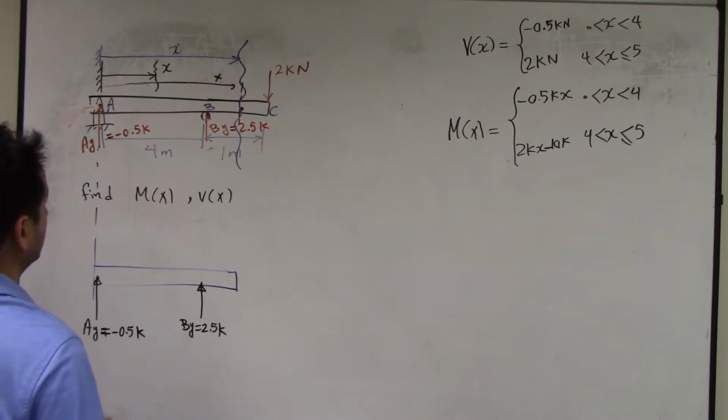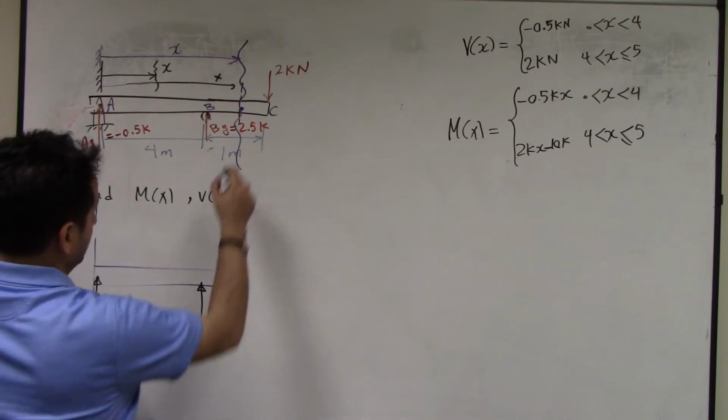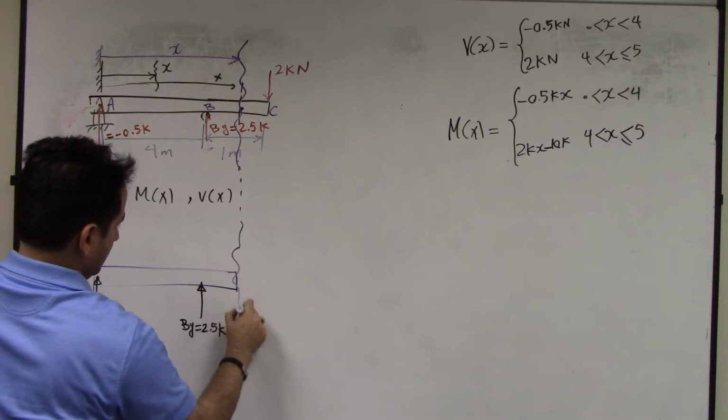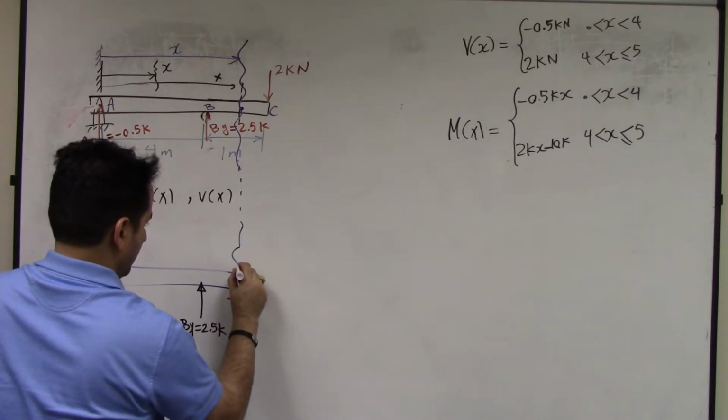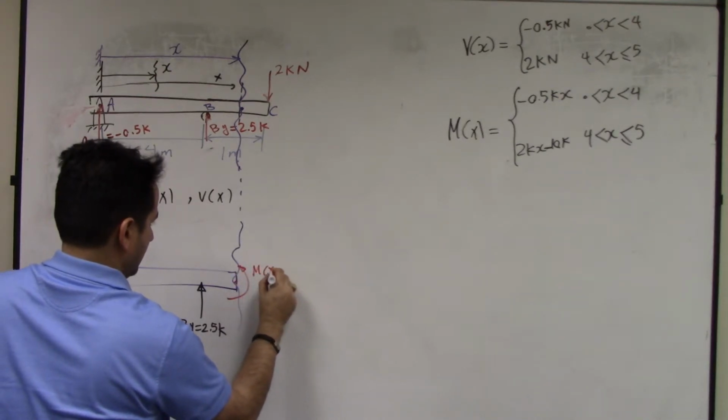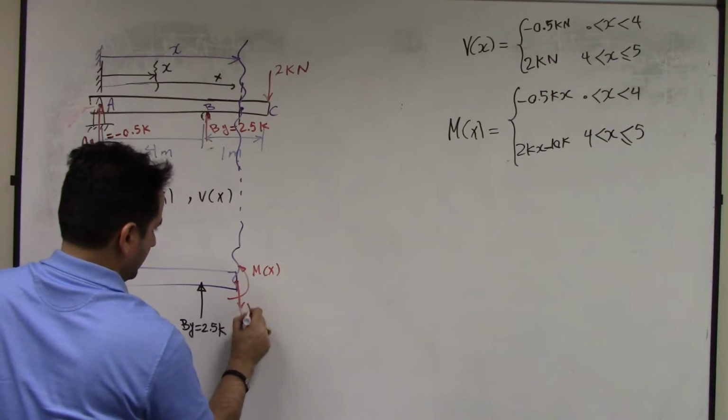And here at this intersection that we cut, you have an Mx, and you have a downward Vx.